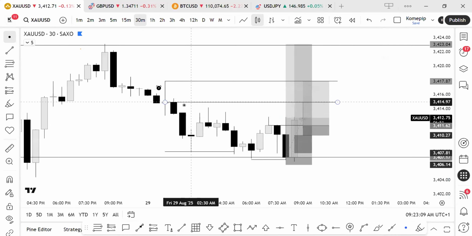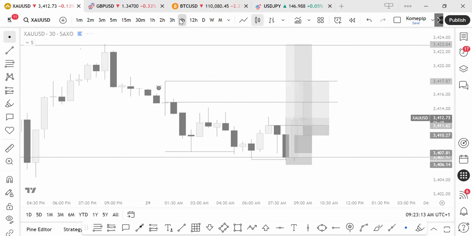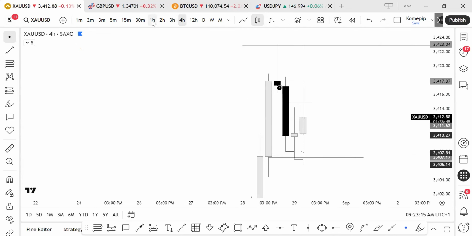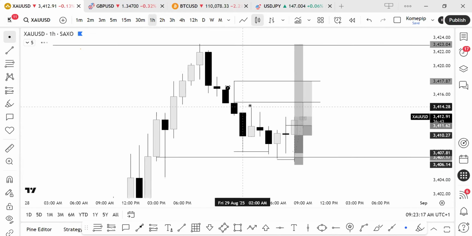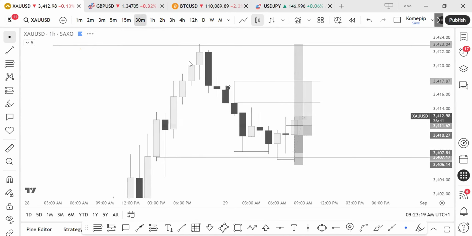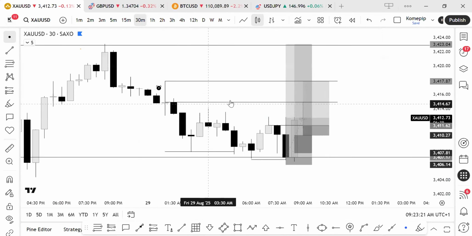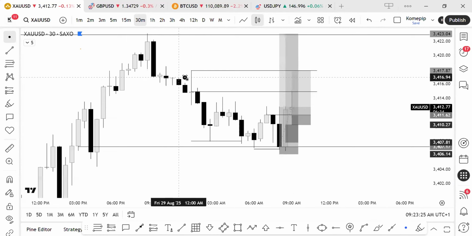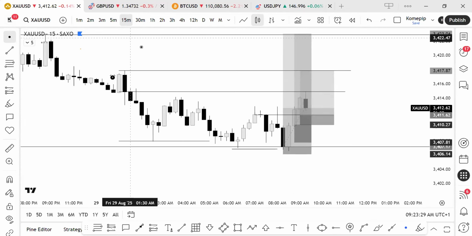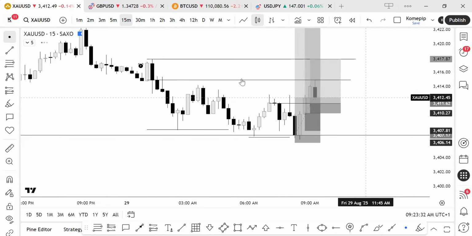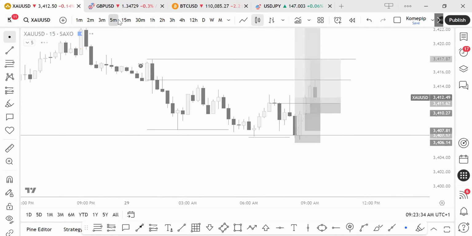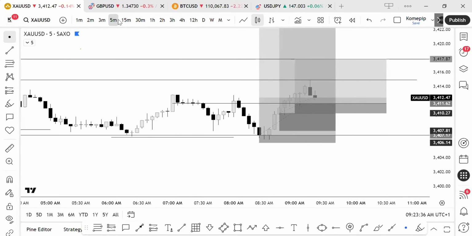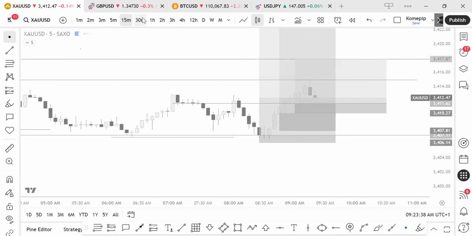So we are seeing the reaction from there already. That's a lower time frame reaction, a 1 hour time frame reaction right there. If we don't see a break of structure, then the buys should continue.